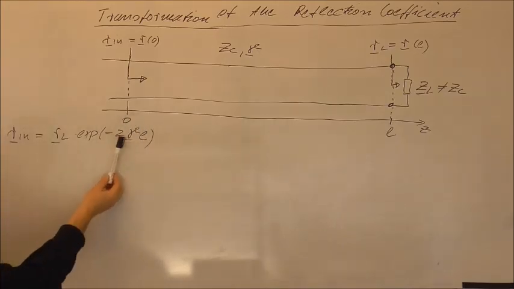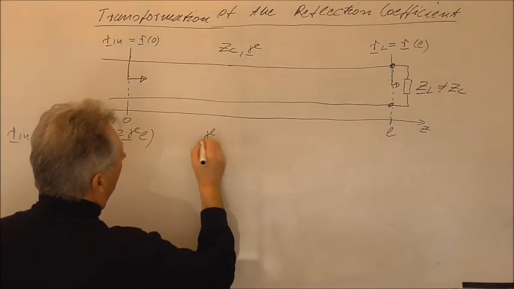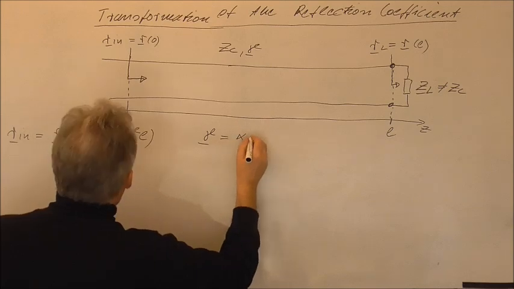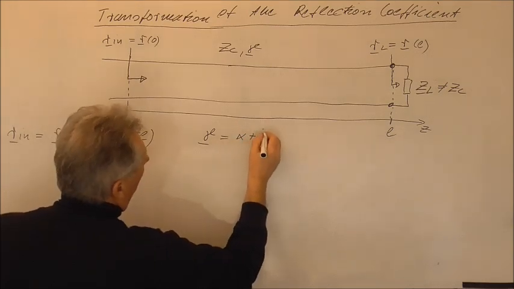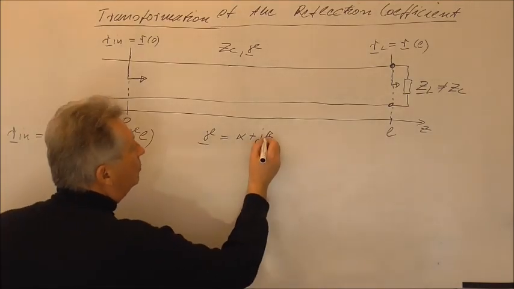That means we have here to account for gamma, which is normally given by gamma is alpha plus j beta. We have here the attenuation and the phase propagation constant.